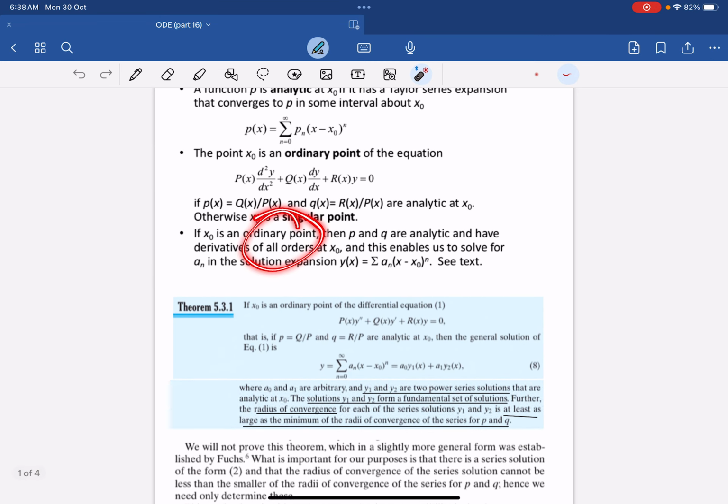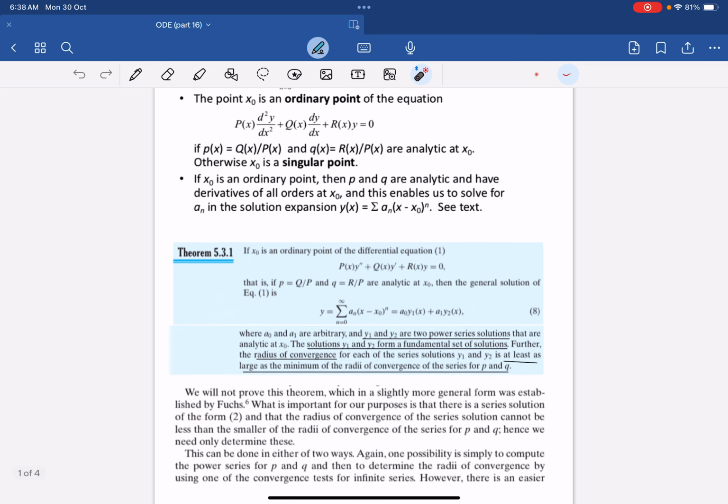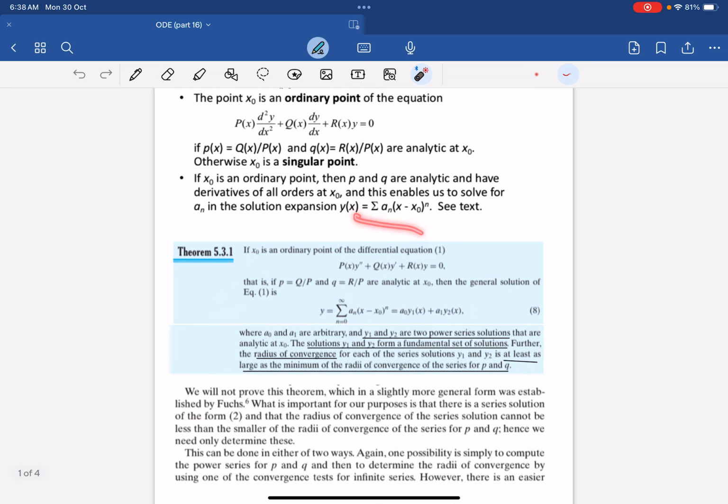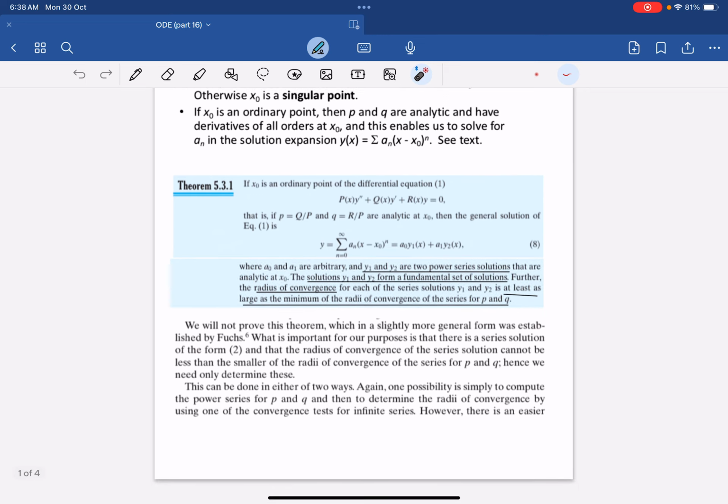If x0 is an ordinary point, then p and q are analytic and they have derivatives at x0. Because they are analytic, they have a Taylor series, so you can find the derivative at x0. And this will help us solve for the solution of the ODE, as we have already seen previously.